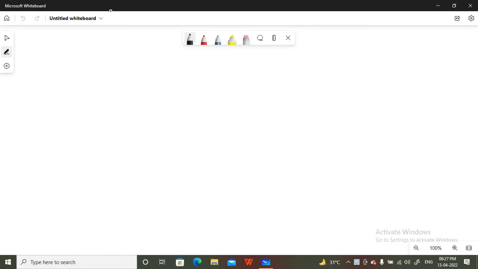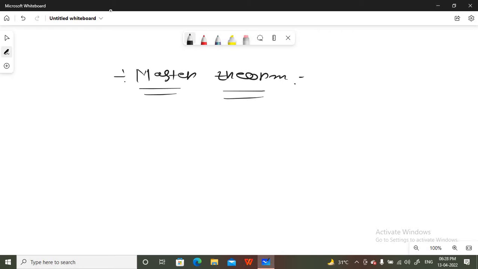Next topic is the master theorem. Suppose we have this shape of the equation.